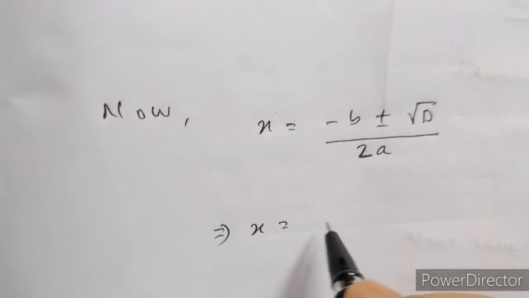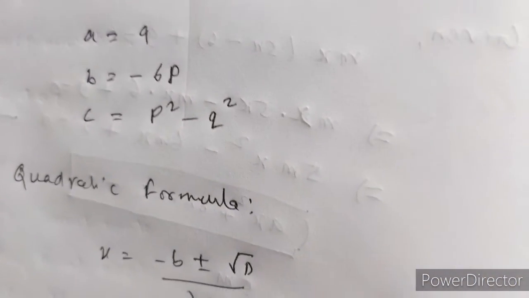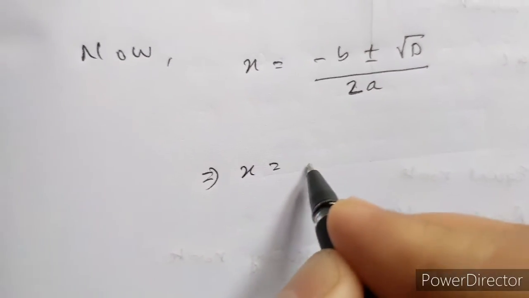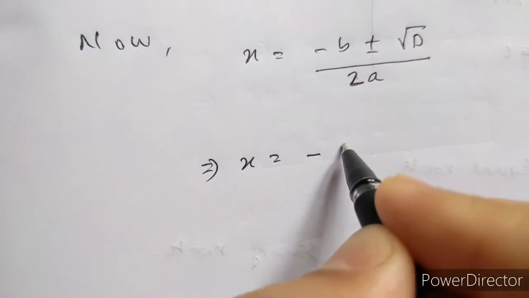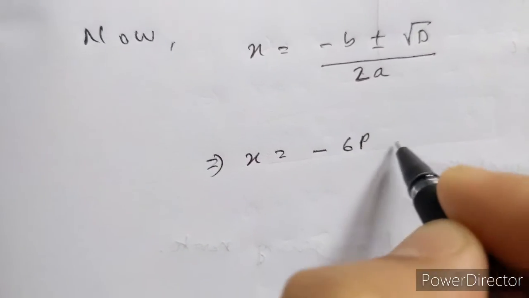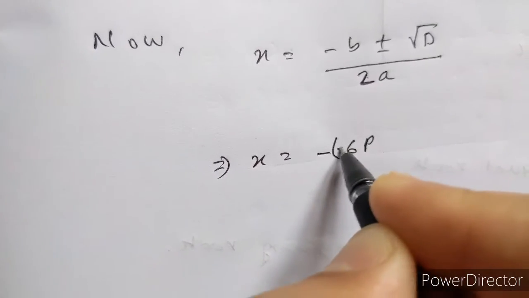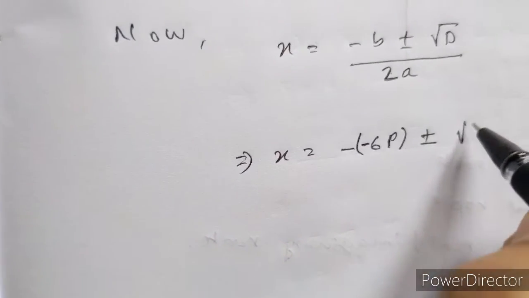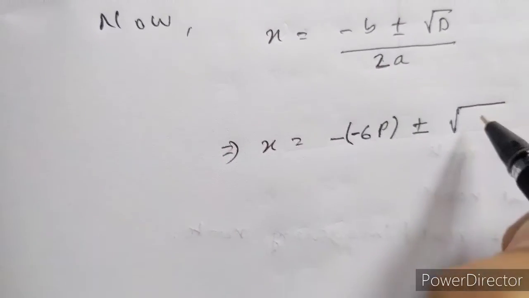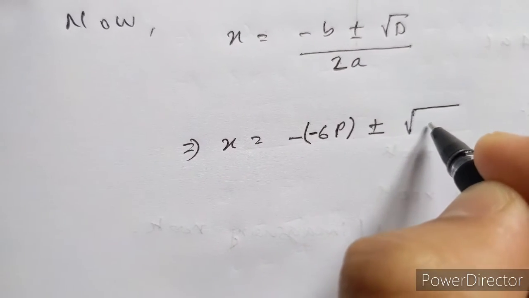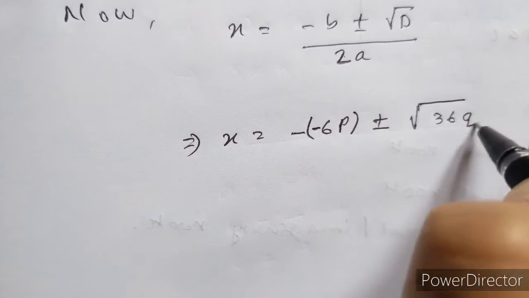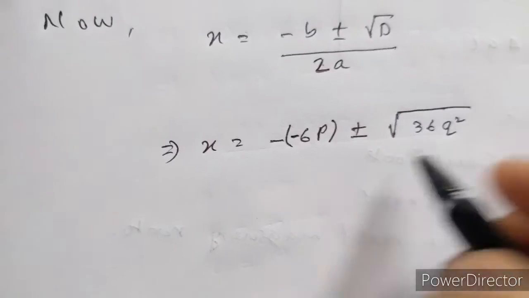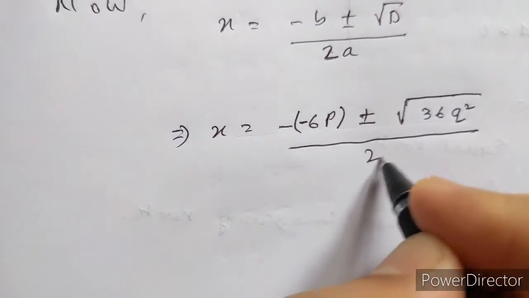X is equals to, b means how much? b means minus 6p, so minus minus 6p, plus minus root d. What is the value of d? 36 q square, divided by 2a.